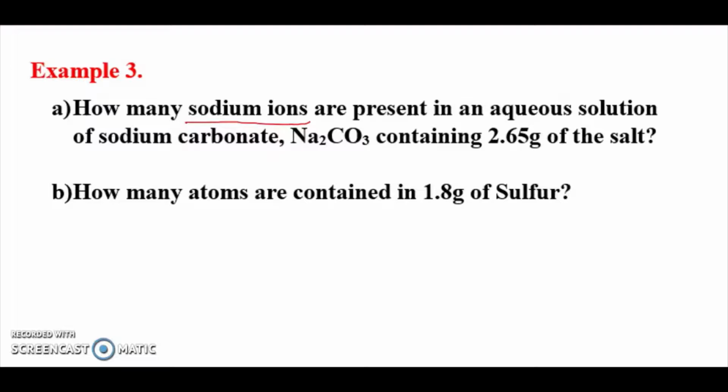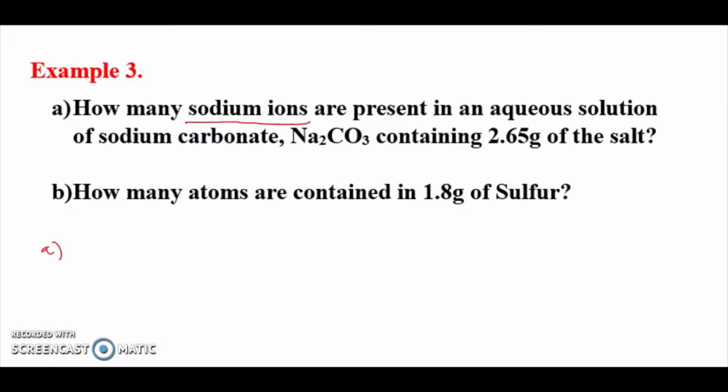So how do we solve this? We need to follow the steps we followed in the previous examples. We first calculate the number of moles of sodium carbonate, and we deduce the number of moles of sodium ions. Once we have that, we multiply it by the Avogadro constant. Let's see how it is done.